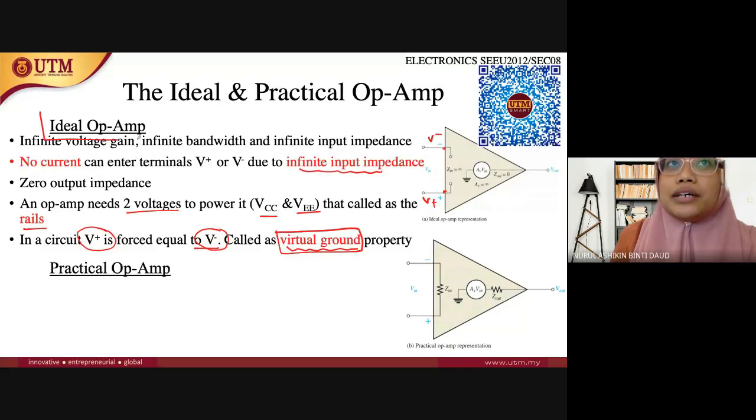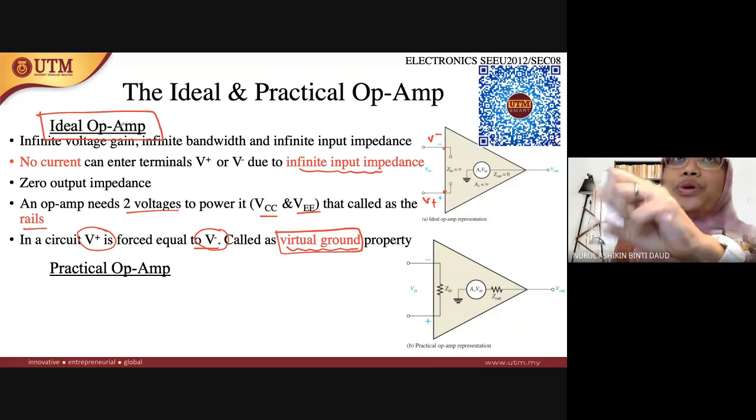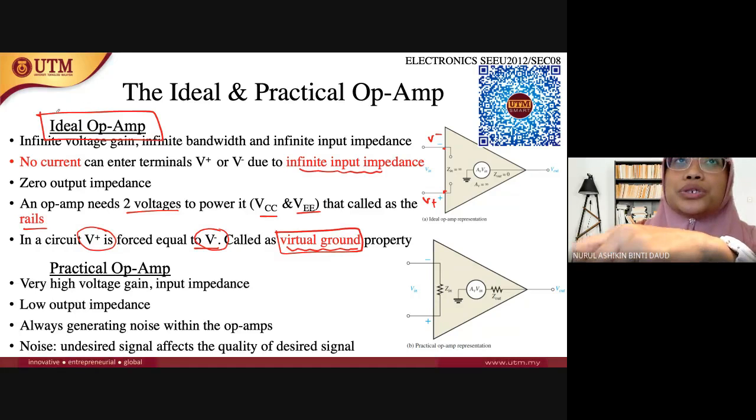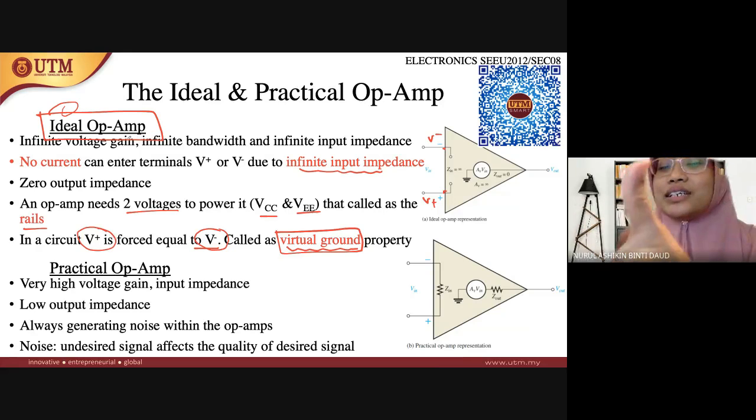And for the test, for all questions, we will assume that the op-amp is operating as an ideal op-amp. But of course, it's very hard to get the ideal op-amp. There will always be noise or effects in practice. So for a practical op-amp, even though the input impedance is not infinity, the value is very high.